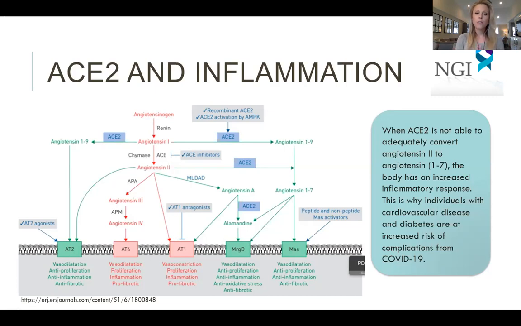So now, if the virus goes in there, in the scenario where you've got a lot of angiotensin 2, and so where you have basically this increase in ACE expression, ACE1 expression, and you have high levels of angiotensin 2, the ACE2 gene actually pops off of that ACE receptor. And that sort of opens the door for the virus to come in.